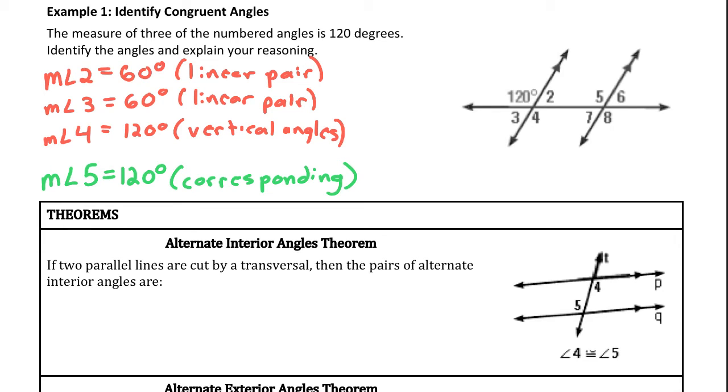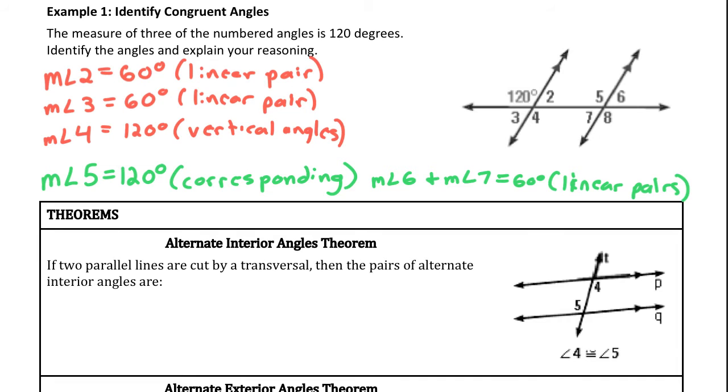And then basically, it becomes the same problem as the angles that were on the left, meaning the measure of angle 6 and the measure of angle 7 both equal 60 degrees, and that's because they are linear pairs with our given angle.